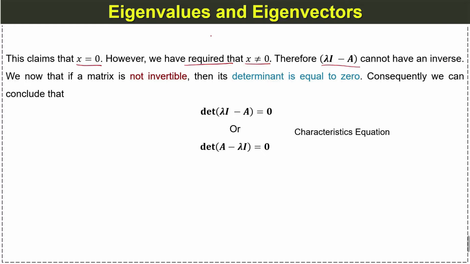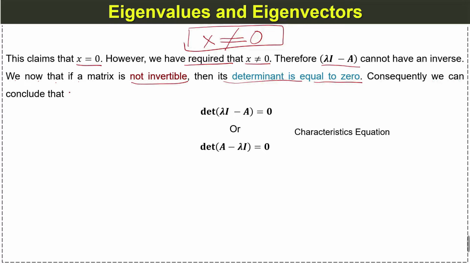Okay, so that's why we took the vector to be non-zero. Okay, so we know that if a matrix is not invertible, then its determinant is equal to 0. Okay, the matrix will have determinant equal to 0.